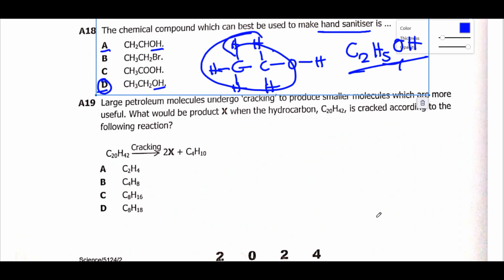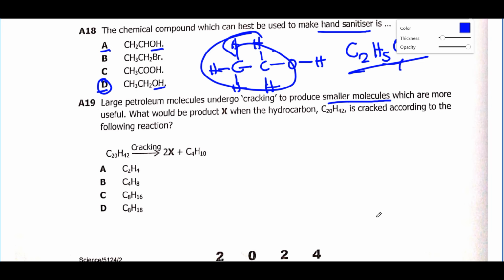Number 19, large petroleum molecules undergo cracking. To crack simply means to break a large molecule into smaller molecules which are more useful. What would be the product X when this is cracked?